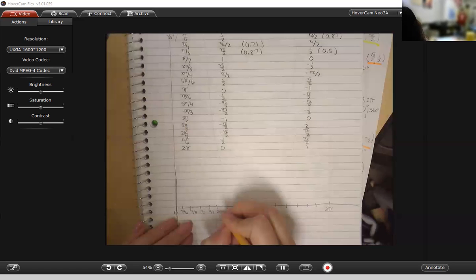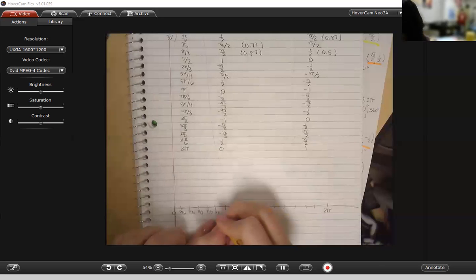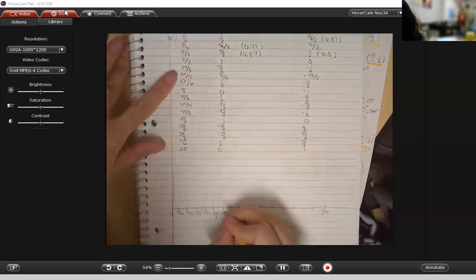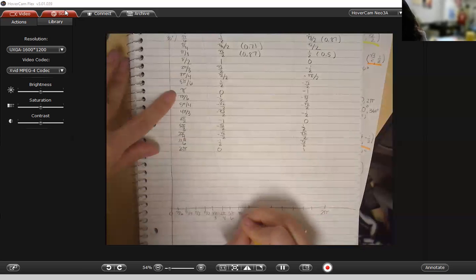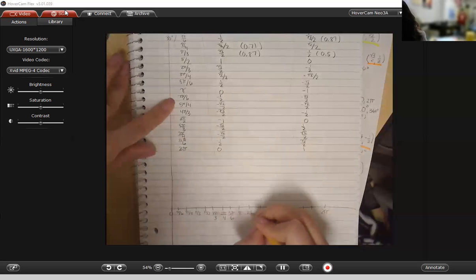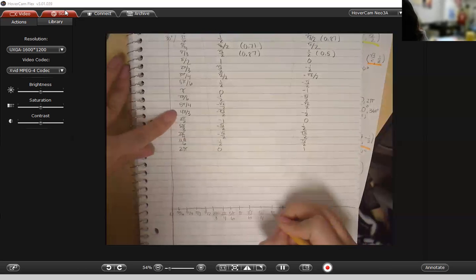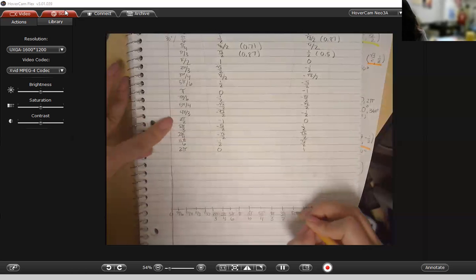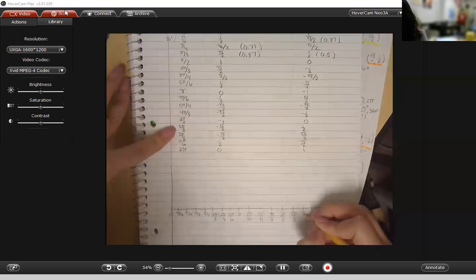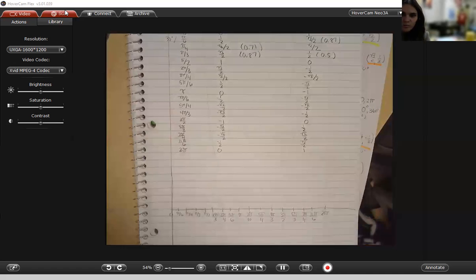Then I have 2 pi over 3, and I have to start going down. 3 pi over 4, and then 5 pi over 6, and then pi, and then 7 pi over 6, and then 5 pi over 4, and then 4 pi over 3, and then 3 pi over 2, and then 5 pi over 3, and then 7 pi over 4, and then 11 pi over 6, and then 2 pi.